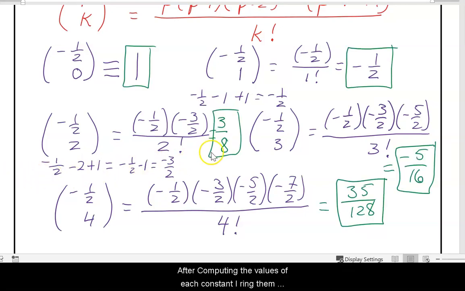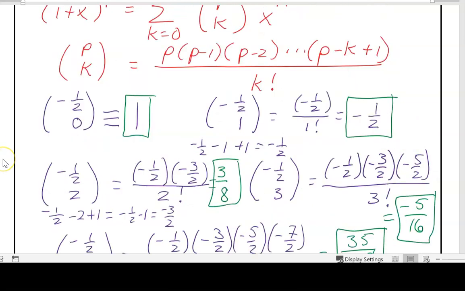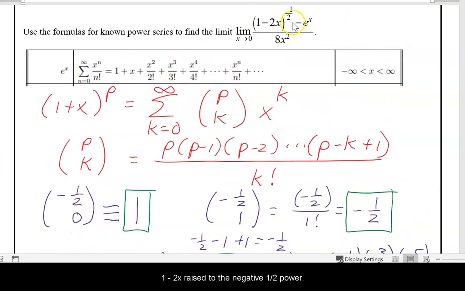After computing the values of each constant, I ringed them in green so that you can find them easily. Notice that they do alternate in sign for the simple reason that our factors are negative. So when we have an odd number, it will be negative, but when we have an even number, it will be positive.